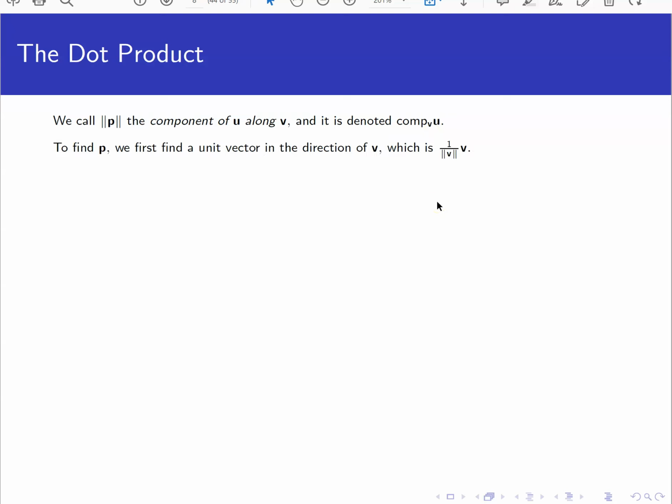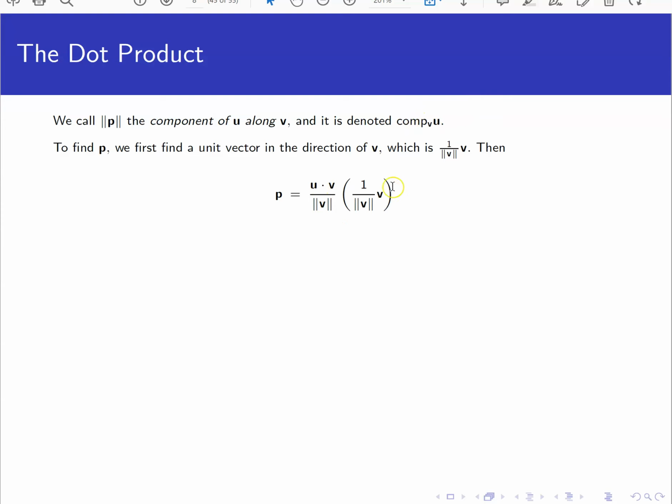All right, to figure out what p actually has to be, let's first find a unit vector in the direction of v, which we can do by taking v and dividing it by its magnitude. Then p has to be how long p is, that's the component of u along v. It's the length of the projection, how far in the v direction u goes.